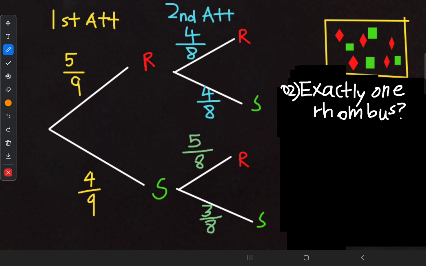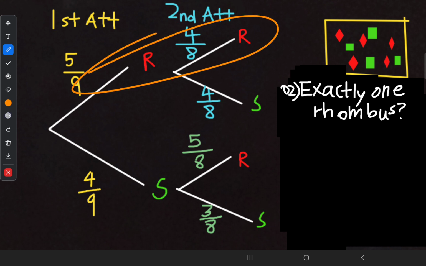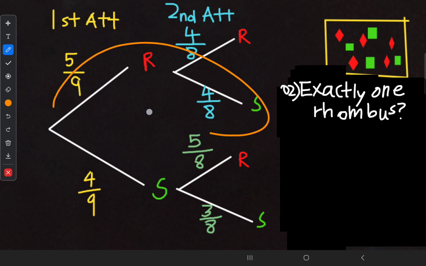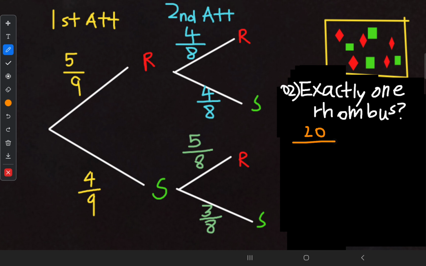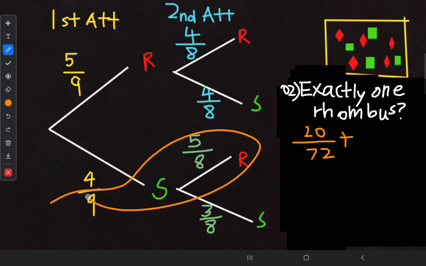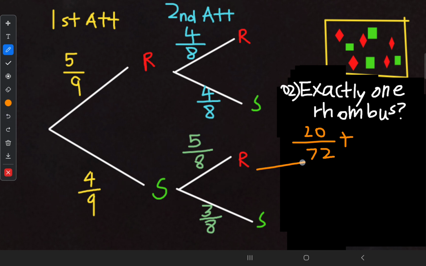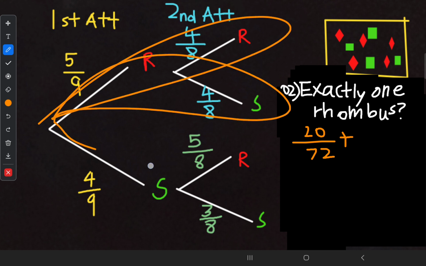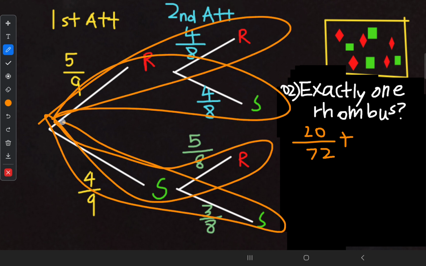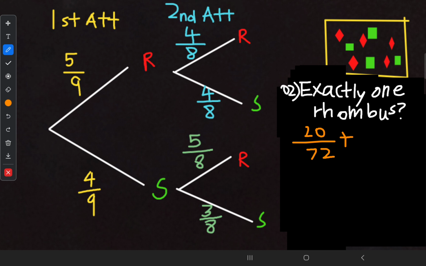Only one rhombus means here there are two rhombus, we don't need that one. Here there is a rhombus, so when you multiply that, 5 fours are 20 upon 72 plus, here also there is a rhombus. You should think about all the branches.